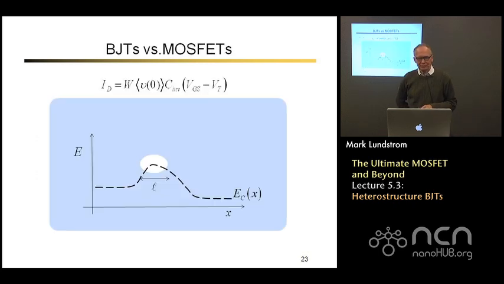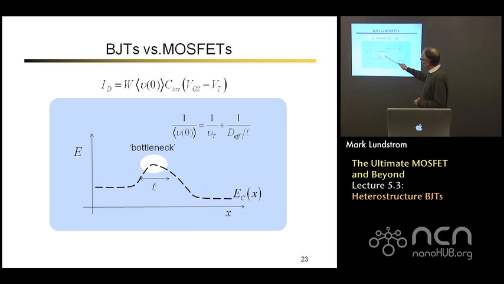Now, to wrap up, I just want to return to MOSFETs. Remember when I drew this energy band diagram for the MOSFET, I sort of made an analogy to a bipolar transistor. As I said, it's widely thought that bipolar transistors and MOSFETs are two fundamentally different transistors, but they're really not. Their energy band diagrams look very similar.